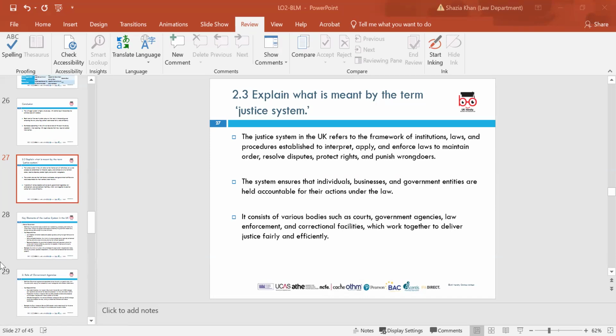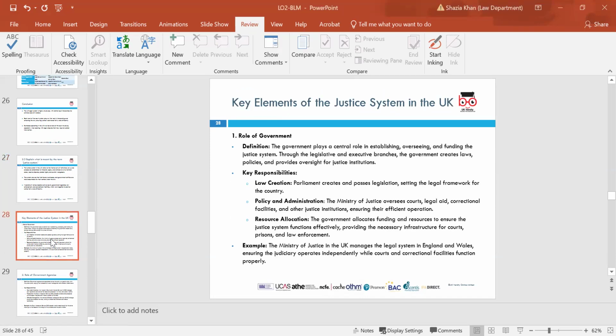So this consists of various bodies. The key elements of the justice system. Firstly, we've got the government and how they play a big part in this. The government plays a central role in establishing, overseeing and funding the justice system.